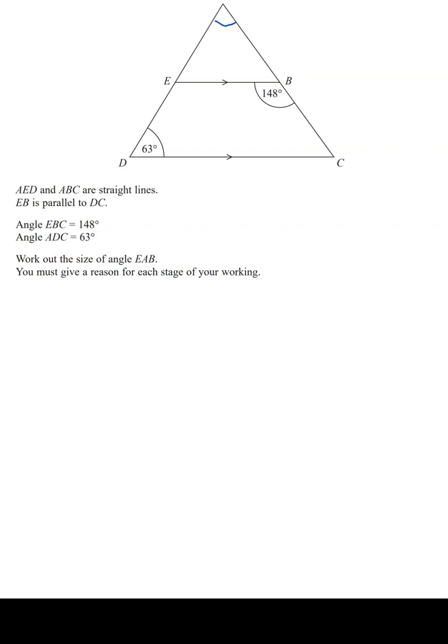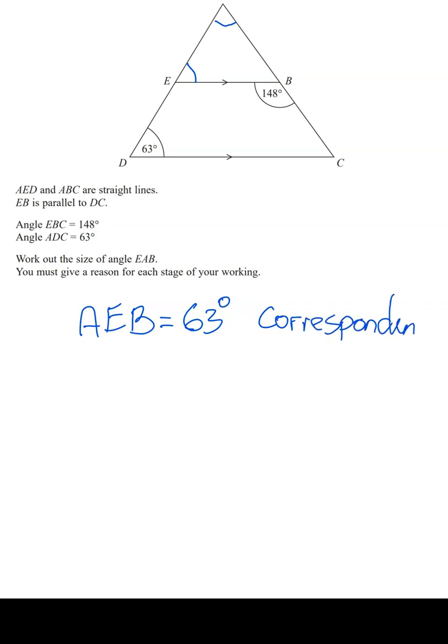Right, so let's actually write it down. So we've got angle EAB is equal to, because you've got to give a reason for each stage of your work. So, because we've got these parallel lines, that angle there is actually 63 degrees, because they're corresponding. And you've got to use these words. Corresponding. Now, can we work out that angle? Yeah, we can.